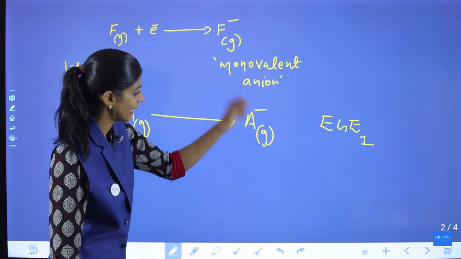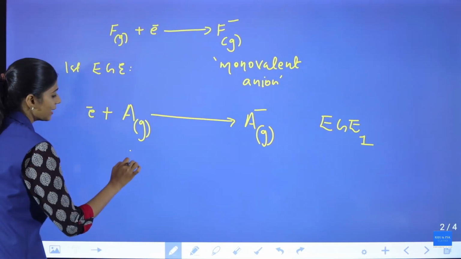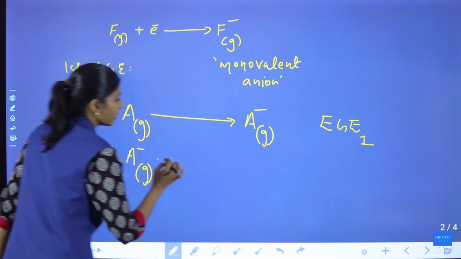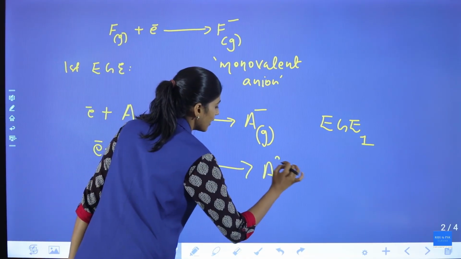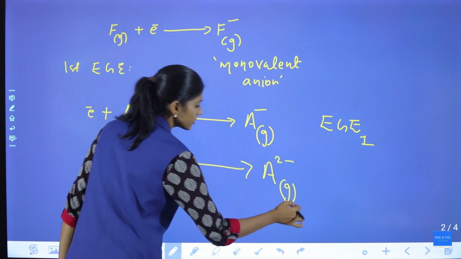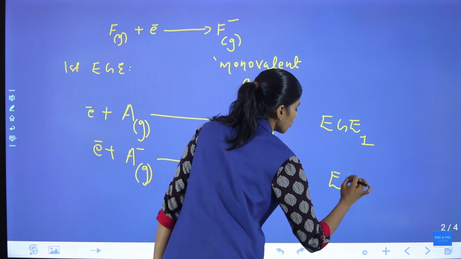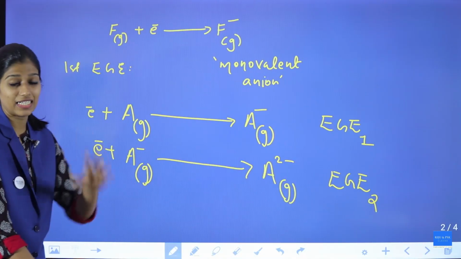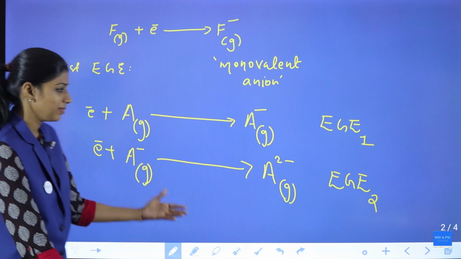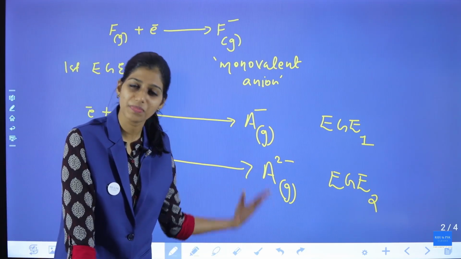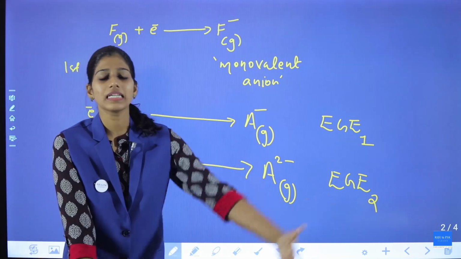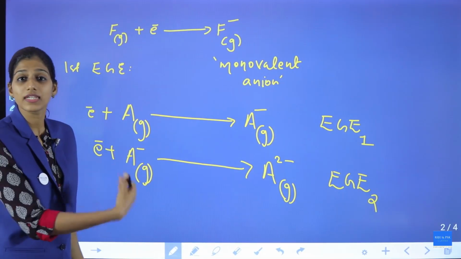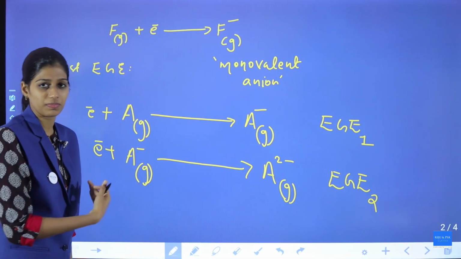Appo oru electron add cheythathinu shesham you are adding one more electron and you get A2 minus gas. So, this is your electron gain enthalpy 2, that is the second electron gain enthalpy. Similarly, you can represent third, fourth electron gain enthalpies. Okay, appo angane namukku successive electron gain enthalpies can be represented.